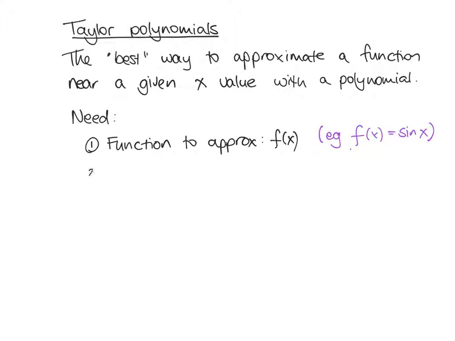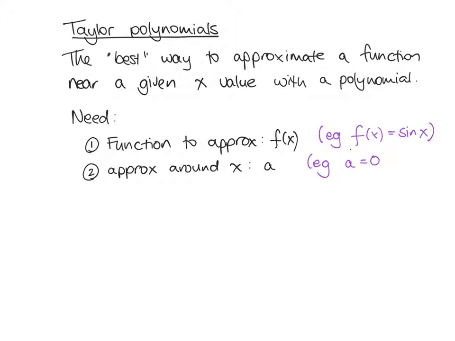The next thing that you need is the x value around which you want to do the approximation. And we're going to call this particular value a. So although we didn't say anything explicitly in our previous examples, we were using a equals 0.